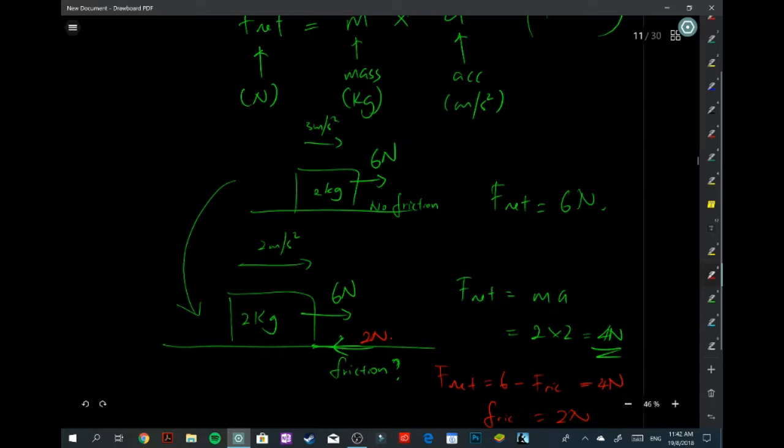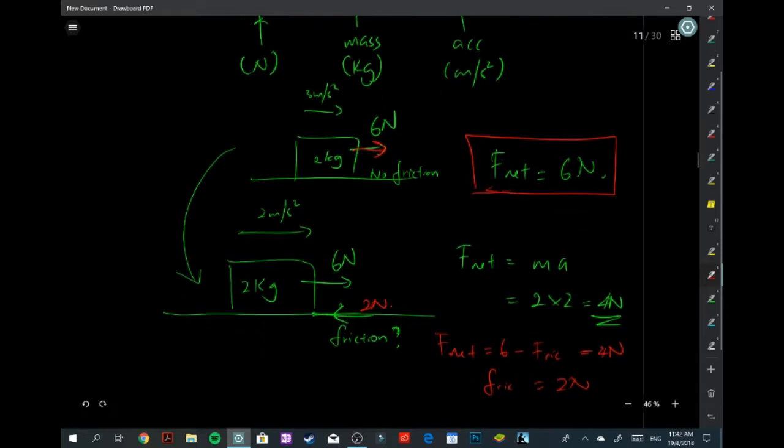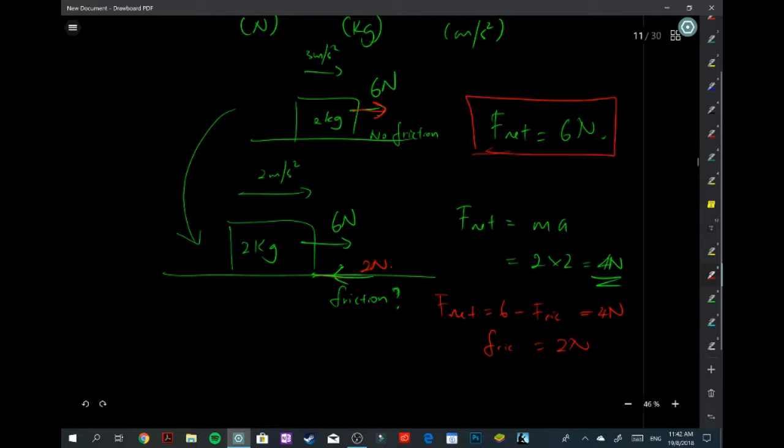So this 6 Newton, when there's no friction, the box experiences the F net of 6 Newton. That is only possible if someone is pulling it with 6 Newton to the right. However, when it comes to the ground where there's friction, it slows down. If it slows down, the person pulling it to the right is still pulling at 6 Newton. We can conclude that the friction is, in this very specific case, 2 Newton, since F equals to ma gives us 4.